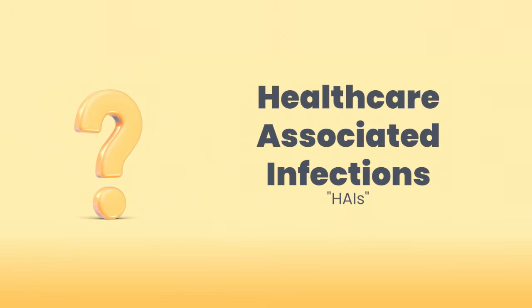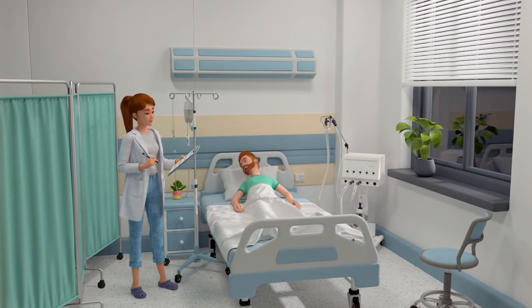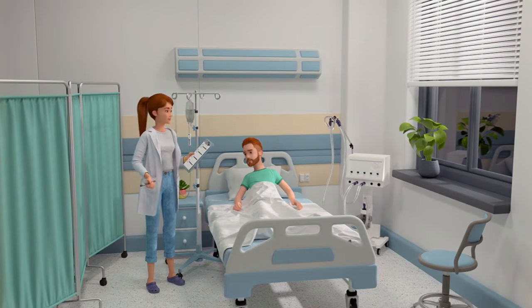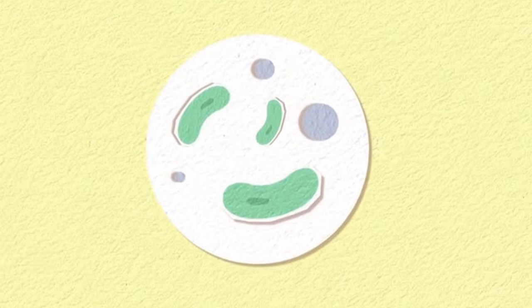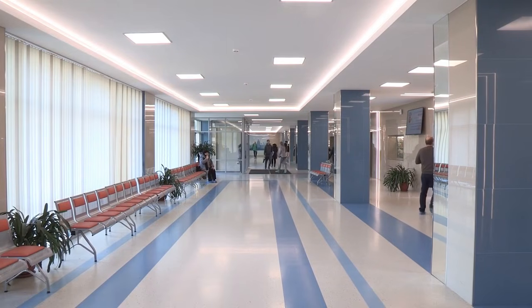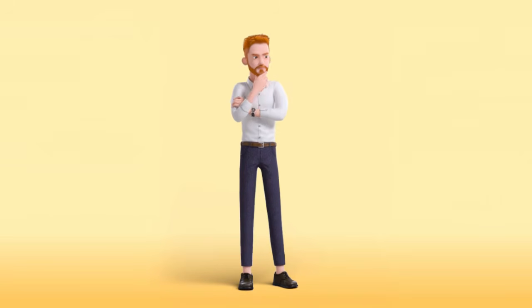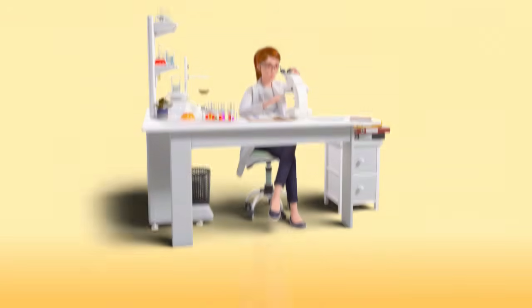First and foremost, what exactly are healthcare-associated infections? HAIs are infections that patients acquire during their stay in healthcare facilities due to exposure to harmful pathogens, such as bacteria, viruses, or fungi. Now, depending on the ward or area this infection develops in, the microorganism can be easily dealt with or can be classified as a superbug.